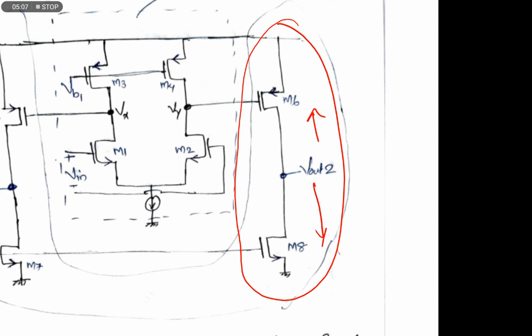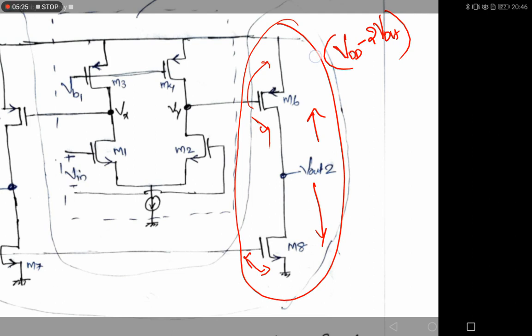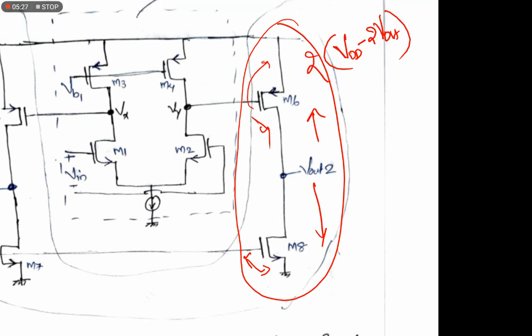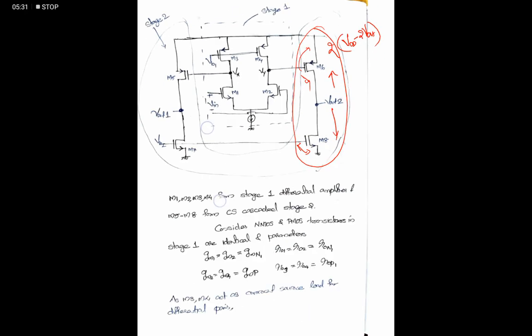So the output is limited only by the overhead voltage of this transistor and this transistor. The maximum output swing is VDD minus the upper and lower overhead voltages, so 2 times the overhead voltage, and twice of this will be the differential voltage output, since it is a two-ended output.